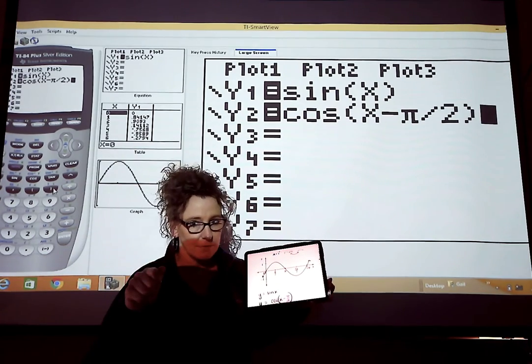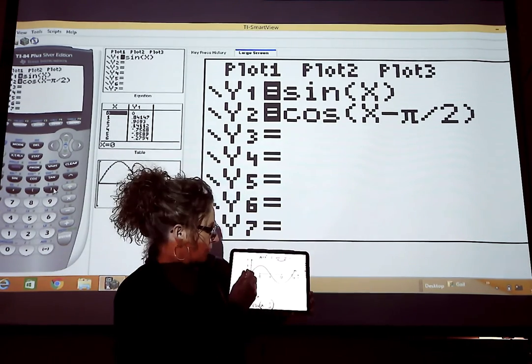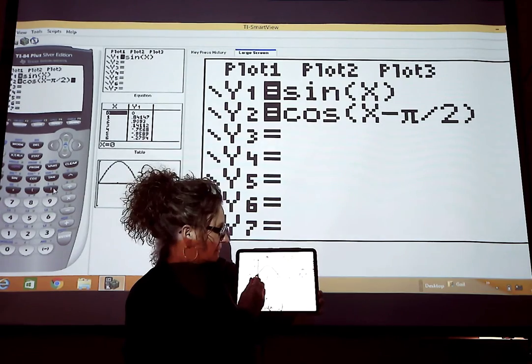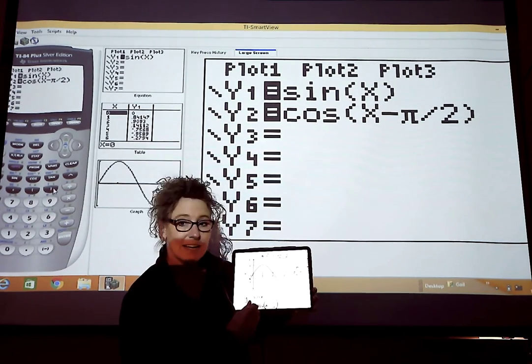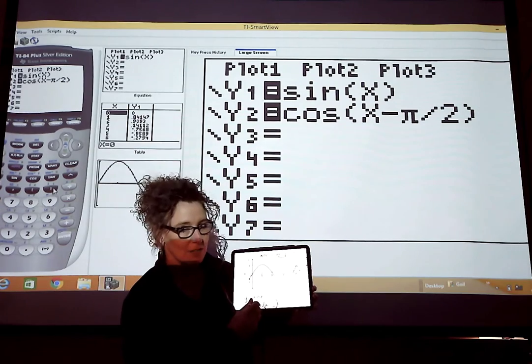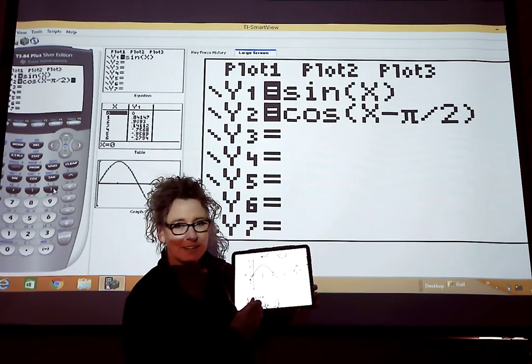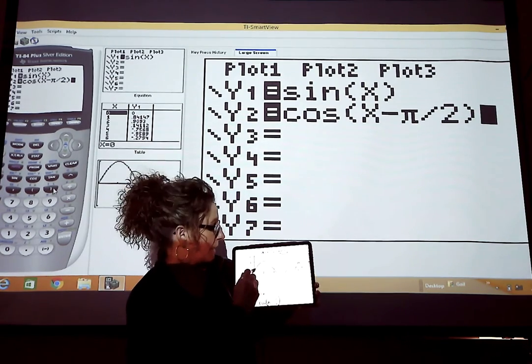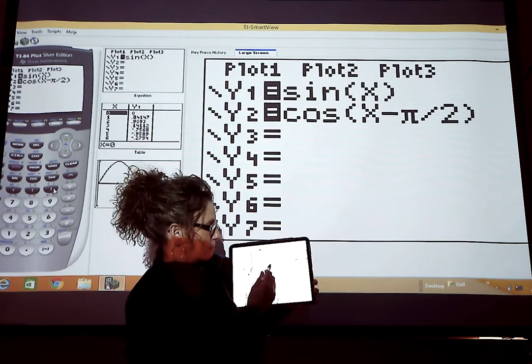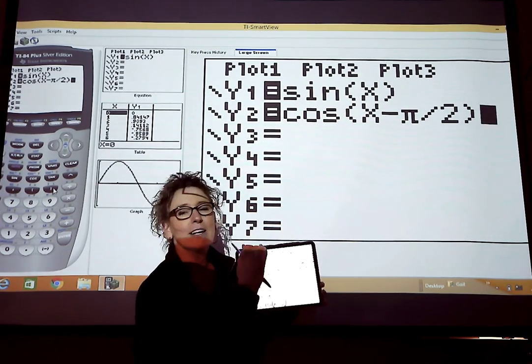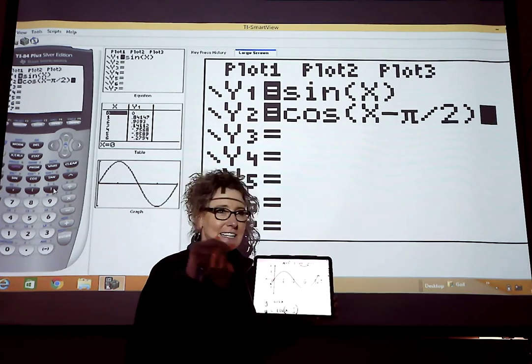Now, here's what's going to happen. I'm going to hit graph, and it's going to graph sine x. So you're going to see it do this. And then, if my second equation is correct, you won't see anything happen, because after it graphs sine x, it's going to graph cosine x minus pi over 2 right on top of it. You might see it getting a little bit darker.